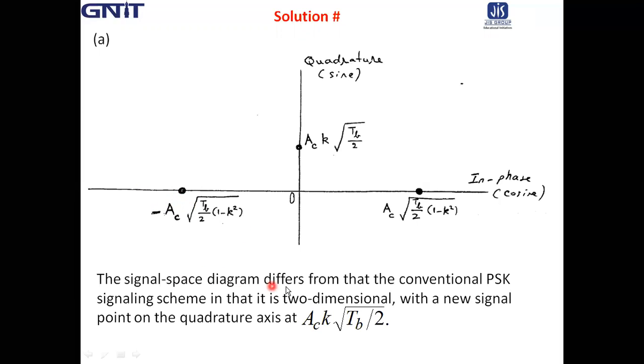So the signal space diagram differs from the conventional PSK signaling scheme in that it is two-dimensional, with a new signal point on the quadrature axis at ACK into square root of TB by 2.